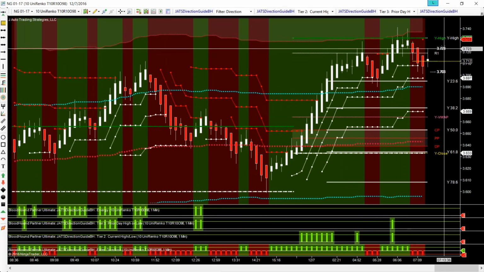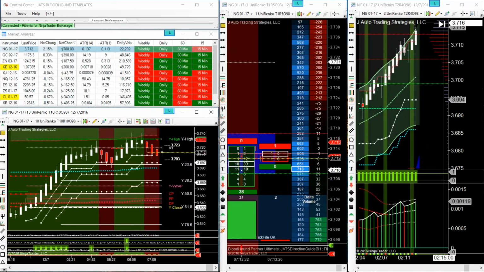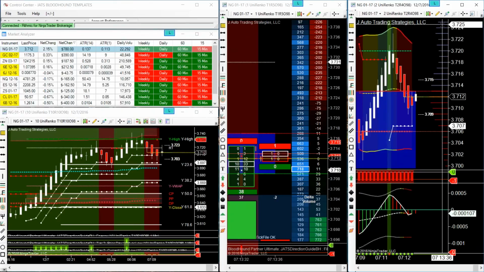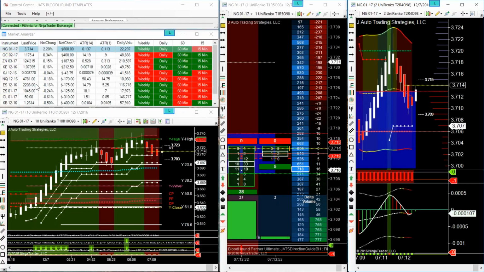Now, with all that said, someone asked me about the system, so I'm going to show you what it is that I'm looking for. First, it's helpful to have a market that's moving directionally, and so for that I refer to the market analyzer, which not only shows me the change of the instrument, its daily range, volume traded, the price.